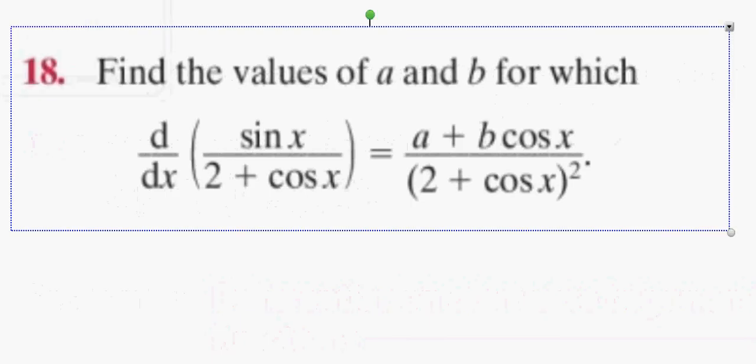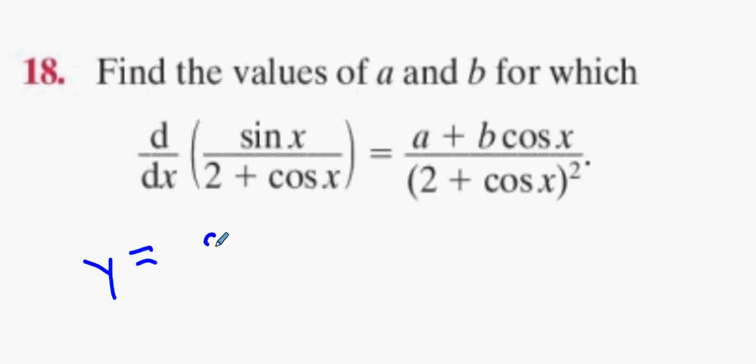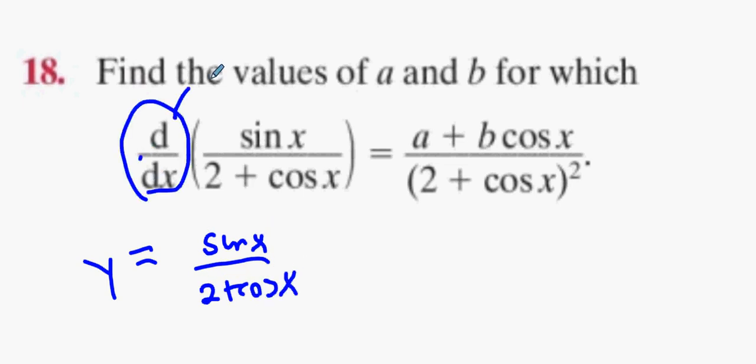Alright. Now, anywho, this question here is essentially this question here. Differentiate it. d dx means differentiate this part here. Once you successfully differentiate this, your answer should look something like this.